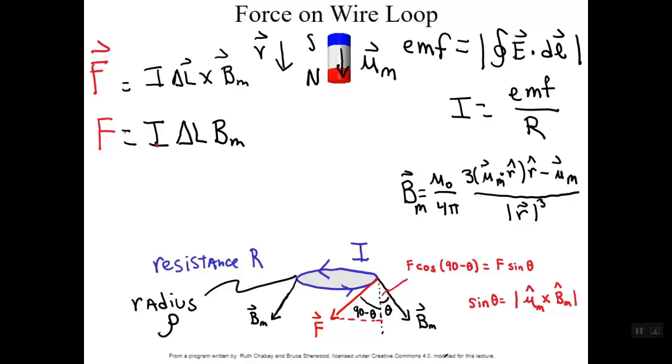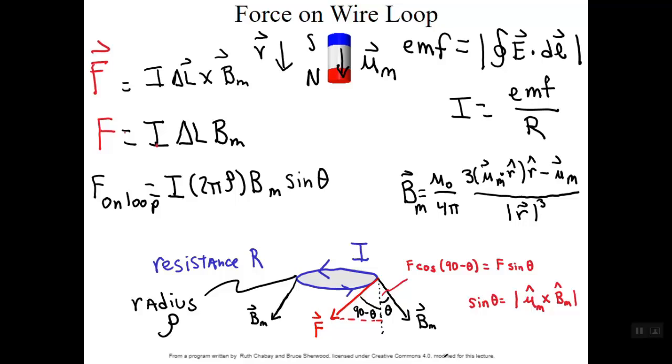Now, since all the y components of F are the same everywhere on the loop, we can find the total force on the loop by replacing delta L with the circumference of the total loop and inserting just the y component of B sub m on the loop.